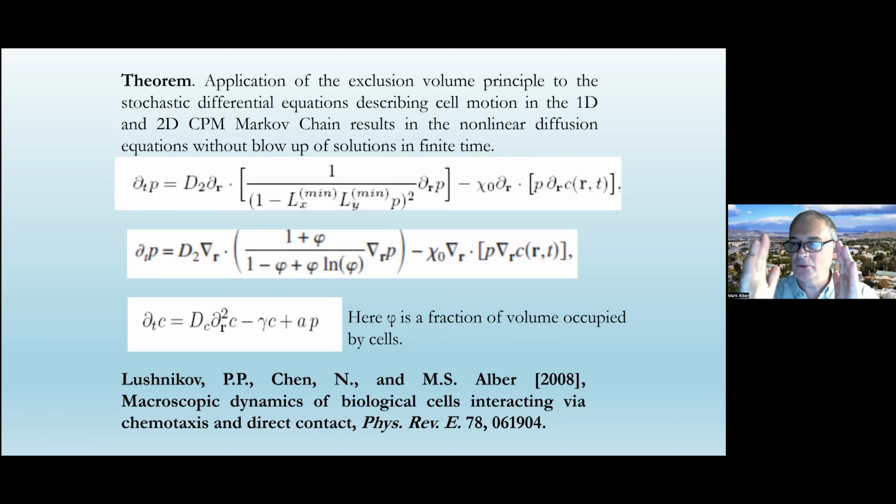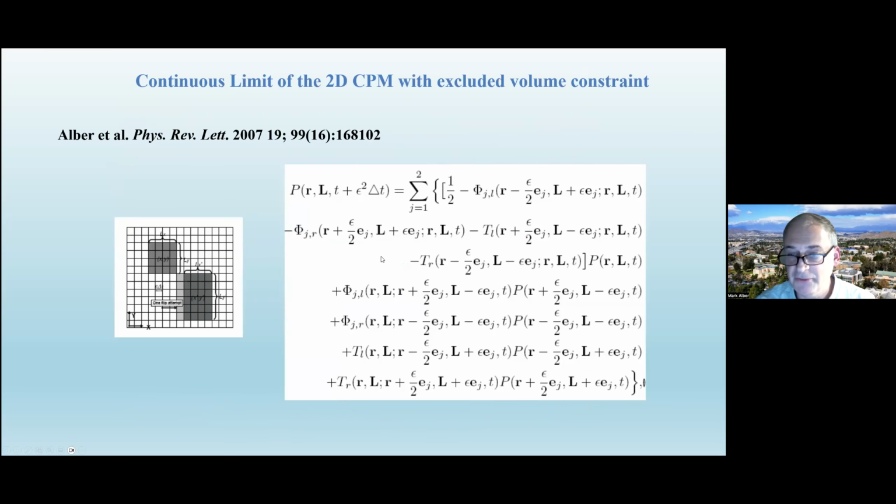When cells get too close to each other, on the order of the size of an individual cell, they slow down. And that's what this nonlinear diffusion does. And we did it in 3D. And this is, of course, the chemotaxis equation, which is coupled to the reaction diffusion equation, but it's nonlinear diffusion.